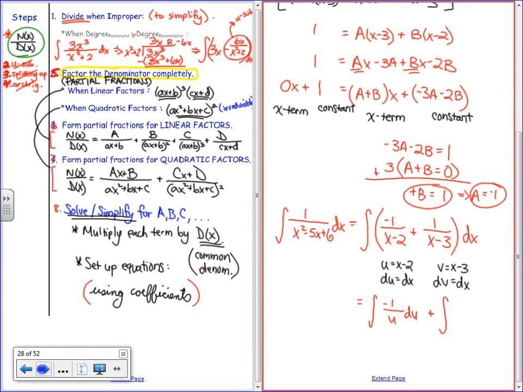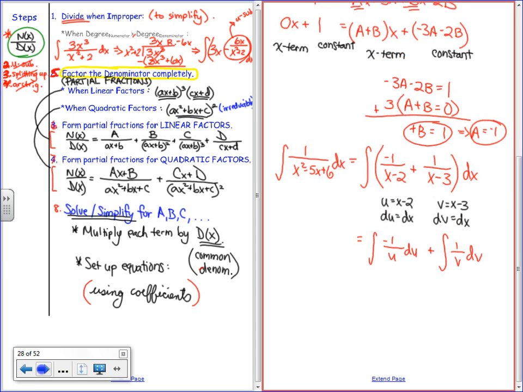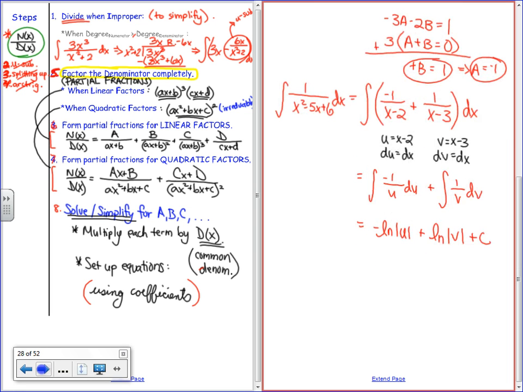Negative ln of u plus ln of v plus C. And then just plug in. What's u?